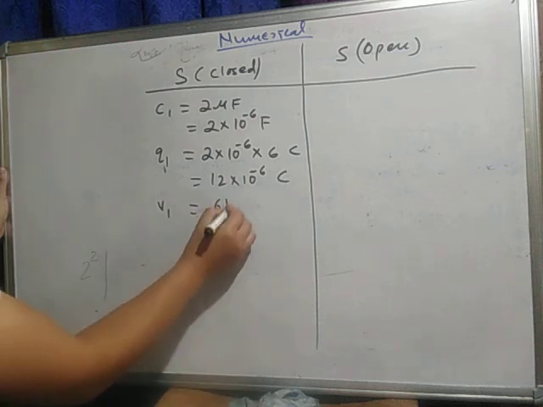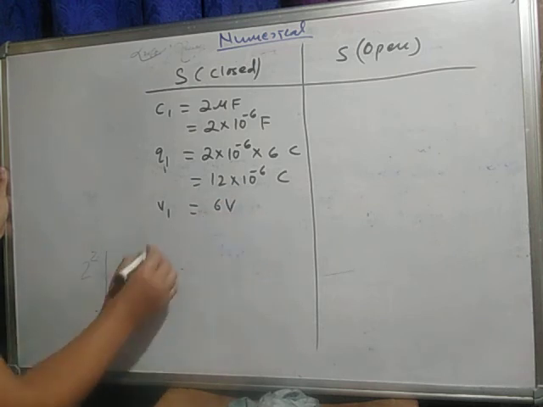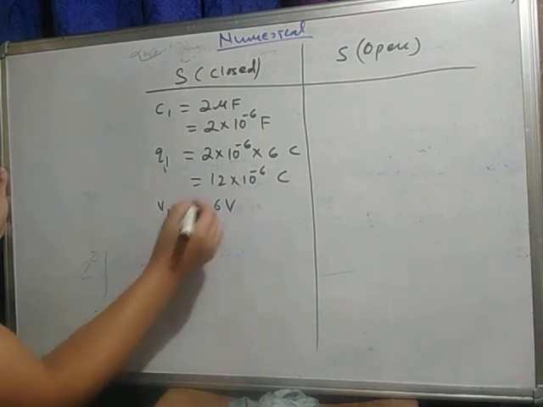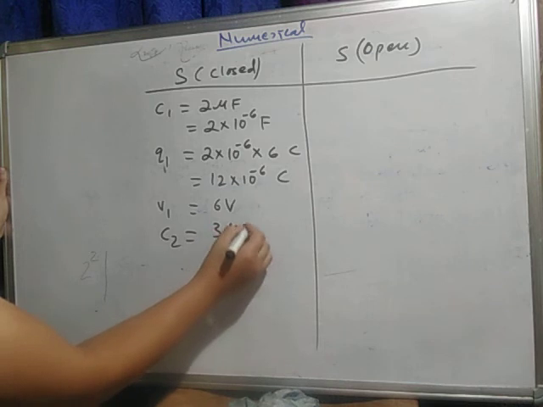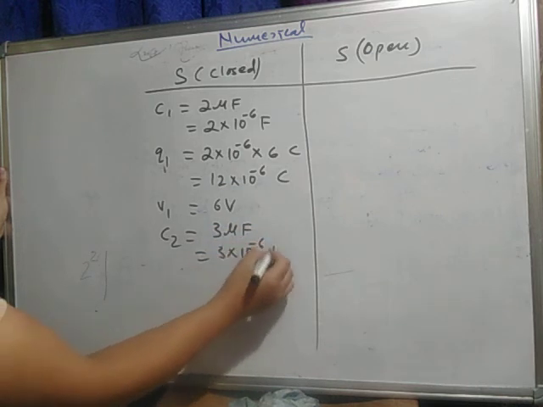Similarly C2 is 3 microfarad equals to 3 into 10 to the power minus 6 farad.